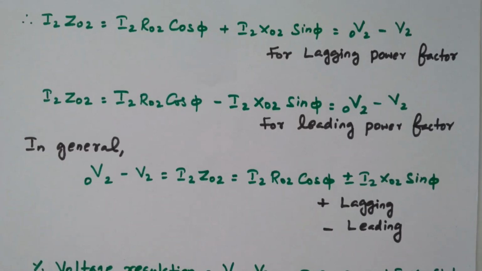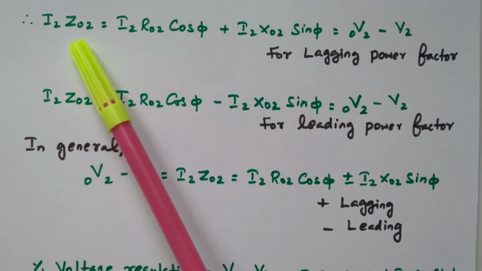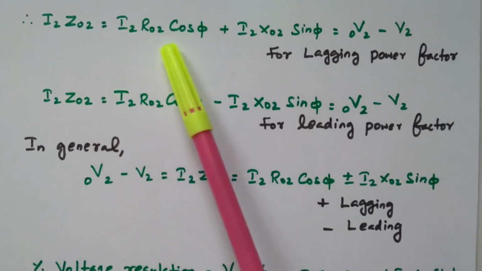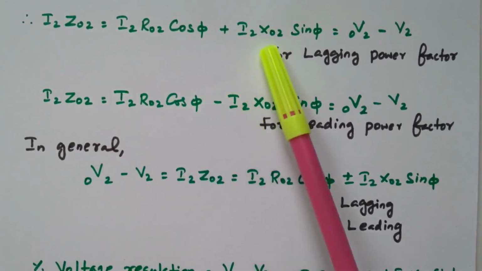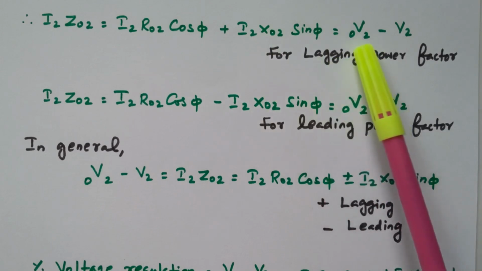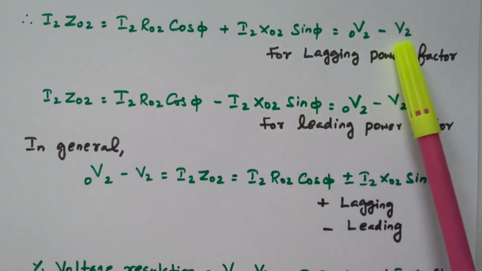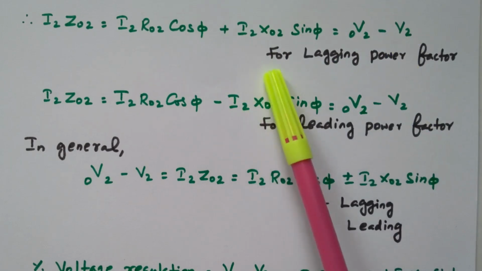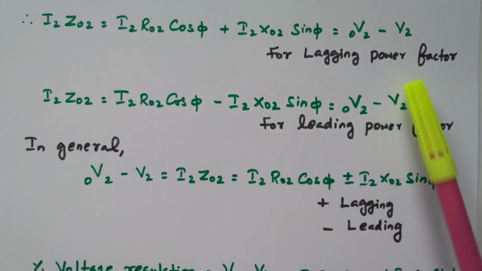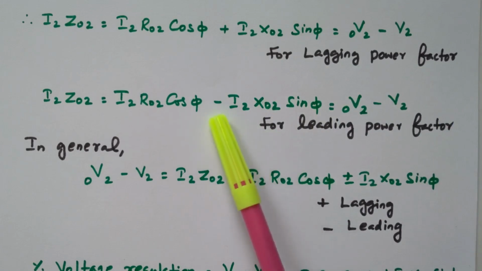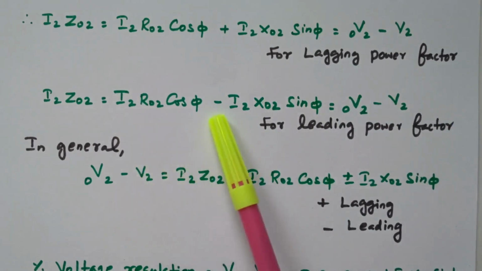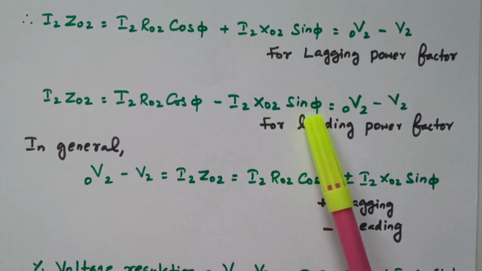Based on the AD and DN values, I2 Z02 is written as I2 R02 cos φ, which we calculated from the triangle, plus I2 X02 sin φ. That is equal to the no load secondary voltage minus the full load secondary voltage. The plus sign is for lagging power factor. If it is leading power factor, it is given as I2 R02 cos φ minus I2 X02 sin φ.